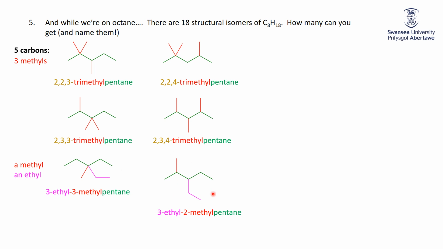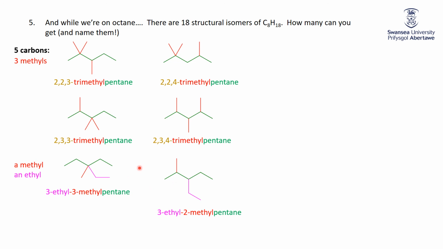So we get, again, looks like a little skinny bug crawling, doesn't it? 3-ethyl, 2-methyl pentane. And that's it. The only place the ethyl can go is on carbon 3, and the methyl could either be on the same one, 3, or the next one, 2. If we put the methyl there, well, it's not 3-ethyl, 4-methyl, it's 3-ethyl, 2-methyl, and so on.